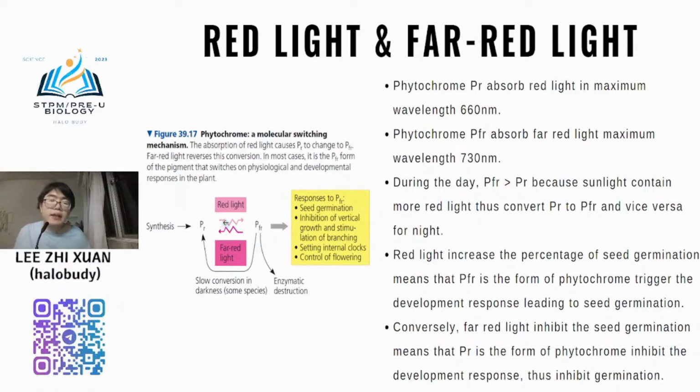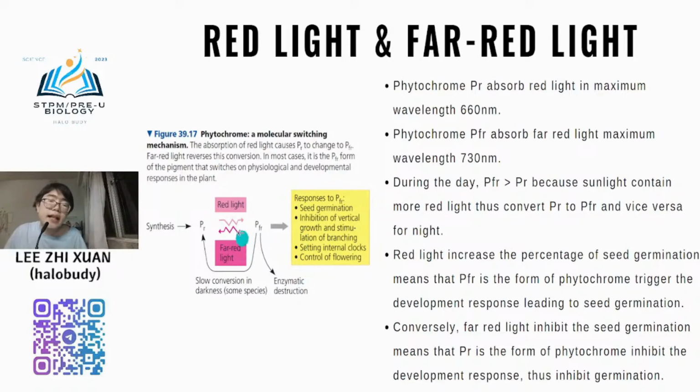So when the plant receives red light, PR will change to PFR. That is why PFR will be very high during the sunny day, because all the PR has been converted to PFR. So red light increases the PFR, but vice versa for night.